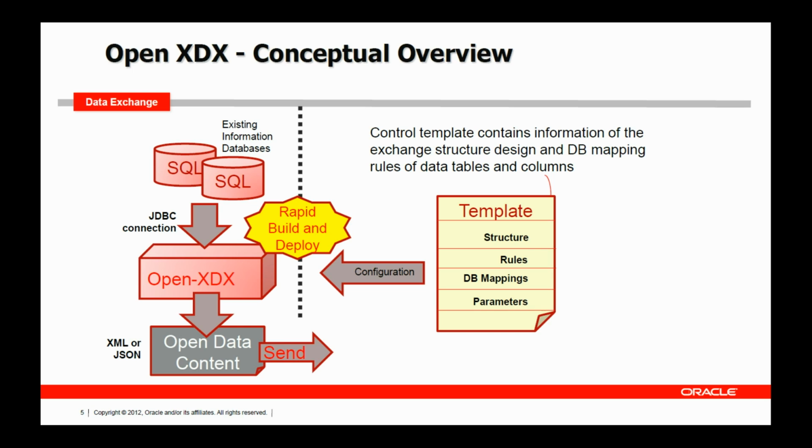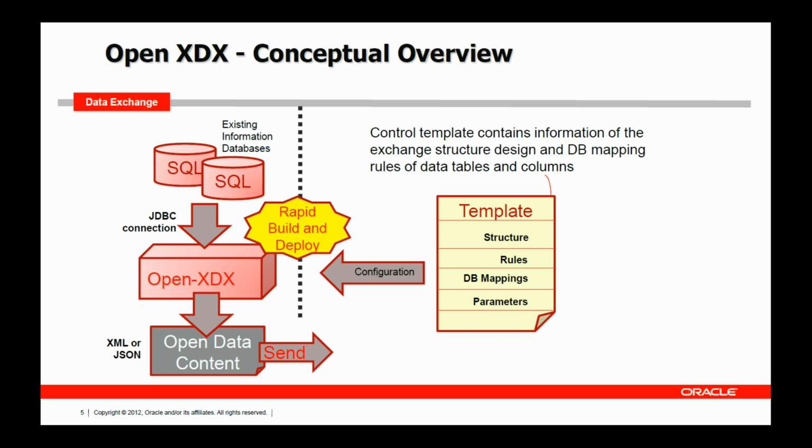And to control all this, you have the template. And inside the template you have the structure of the content that we're going to use. So the XML structure, or the equivalent in JSON, some rules about what's optional, what's repeatable, what's a date, what's a number. Then the specific DB mappings.